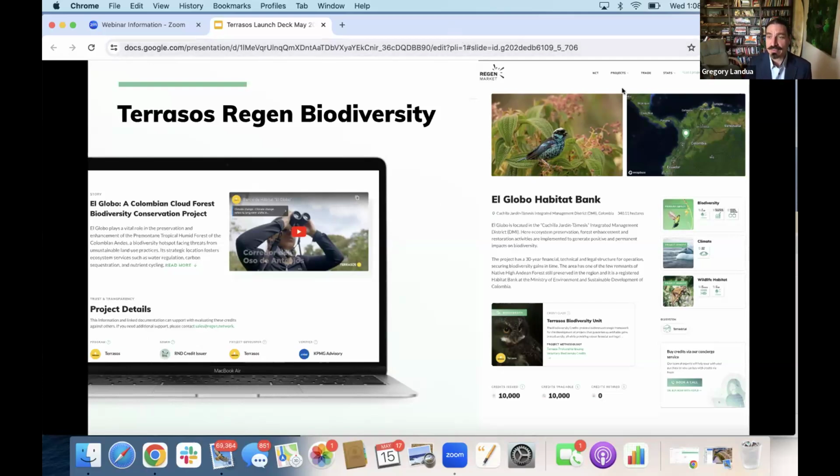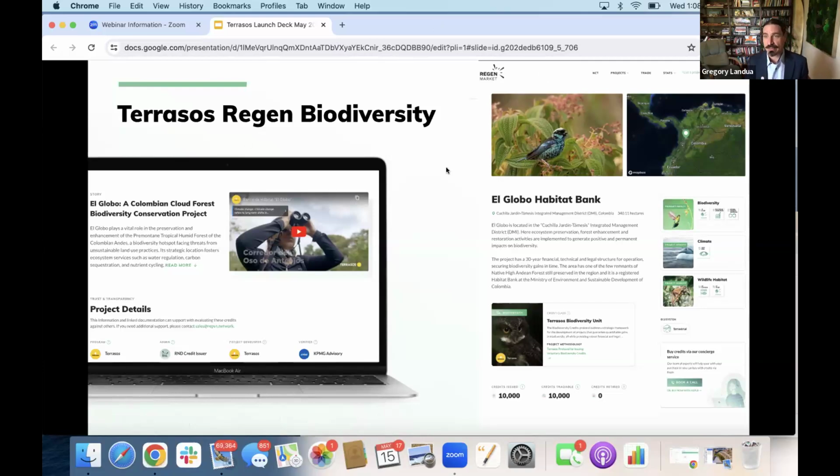And we're incredibly honored to be the technology partner alongside Terrasos, which has been doing groundbreaking work at bringing best-in-class biodiversity units into the market. We're going to get to learn more about those specific units. And right now, you can go ahead and shift to the next slide.